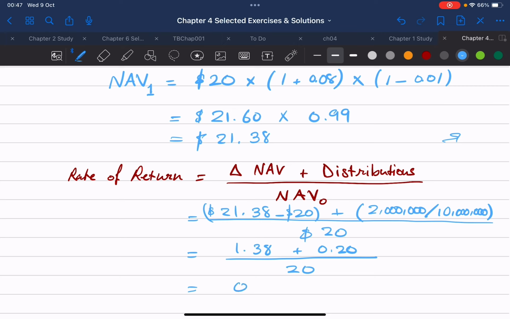That will give us 0.079. And if we transform this into a percentage format or multiply by 100, that will give us 7.9%. And that would be the answer to the third part, or the third requirement of this question. So the rate of return on this particular fund by the end of the year is 7.9%. All right, that would be the answer to question number 21.